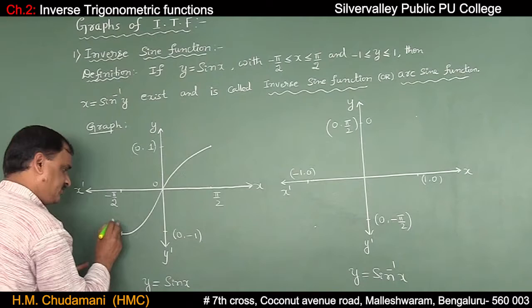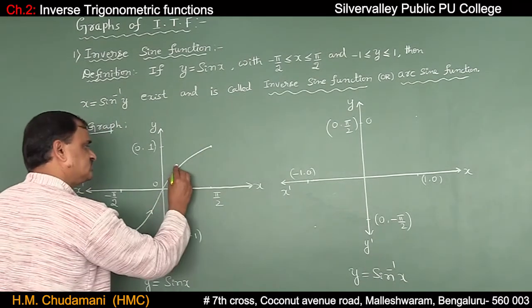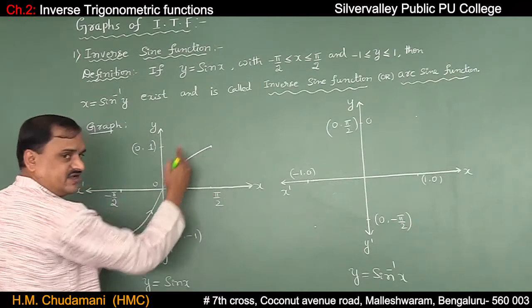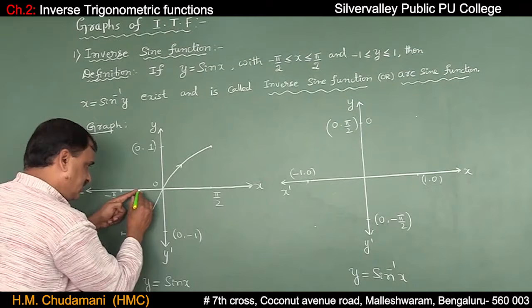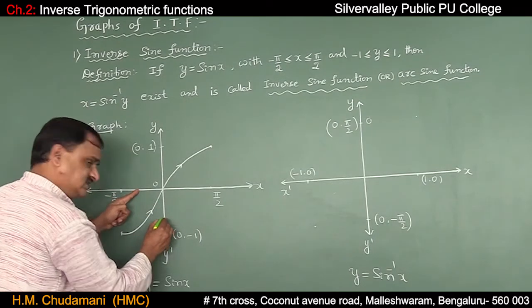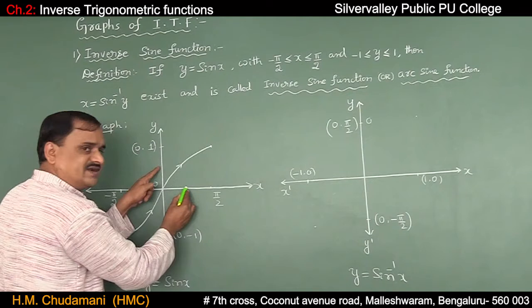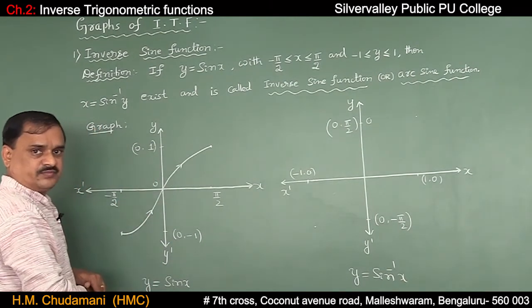It is only an increasing function between minus pi by 2 to plus pi by 2. For different values of x, we get different y values. So that means it becomes a one-one function.